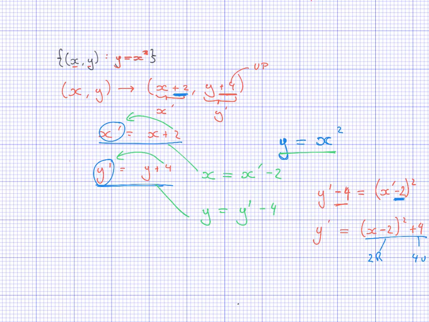But because of the way this happens, it takes care of itself, and you don't have to worry about changing the sign. So to recap, when we transform a rule, we first of all rearrange the image equations into the original equals, then sub in those two equations in place of x and y, and rearrange to become y image equals, and that will allow us to see what the new transformed rule looks like.